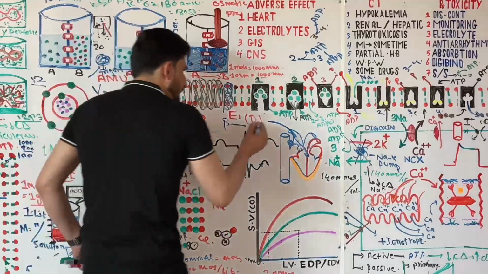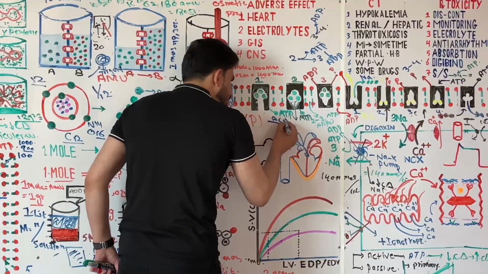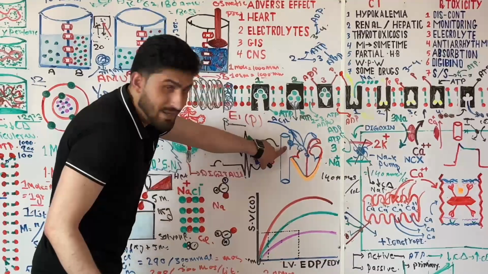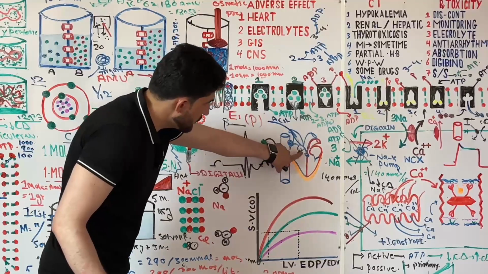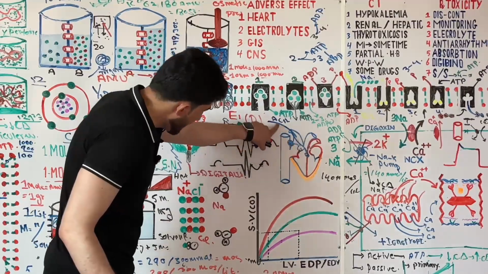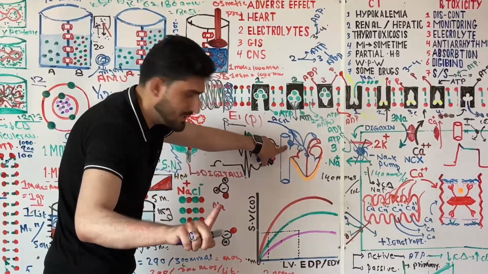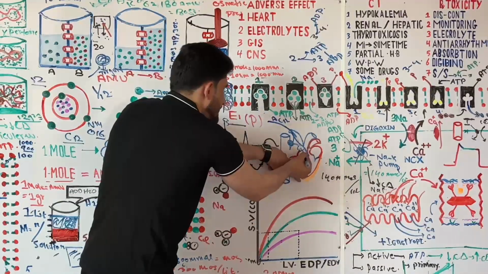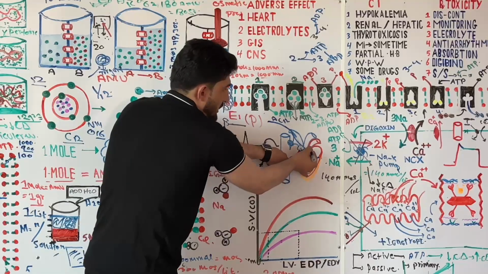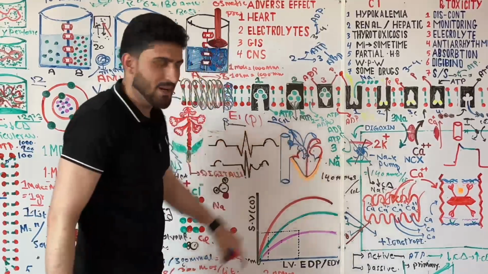So when I release more acetylcholine on the SA node or AV node, the vagus system decreases heart rate plus decreases conduction of the stimulation from the atrium to the ventricles.